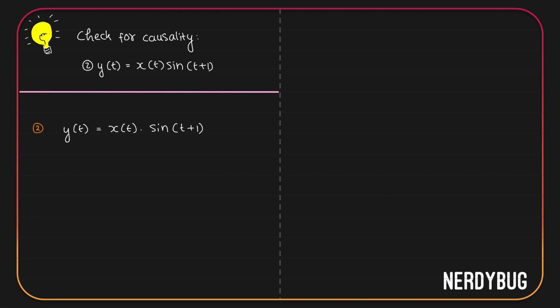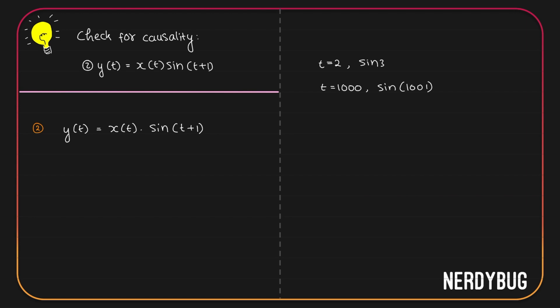But actually, sine of t plus 1, isn't it just a function of t? If I give t equal to 2, that becomes sine 3. If I give t equals 1000, it just becomes sine of 1001. So it's not actually a function of t plus 1, it is just a function of t. You give t, you'll get a value of sine of t plus 1.